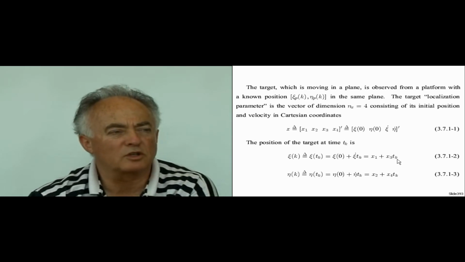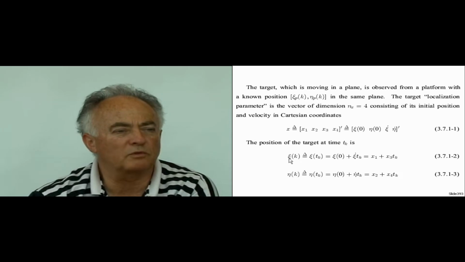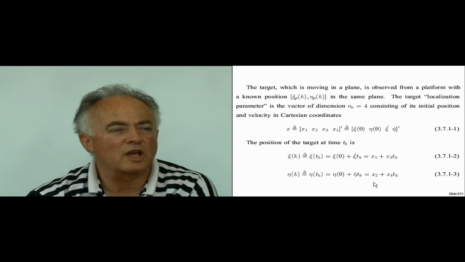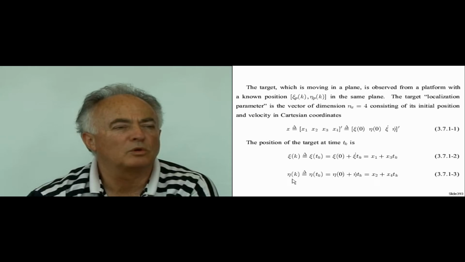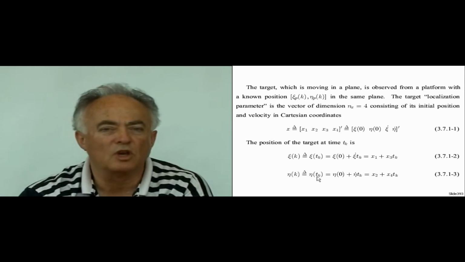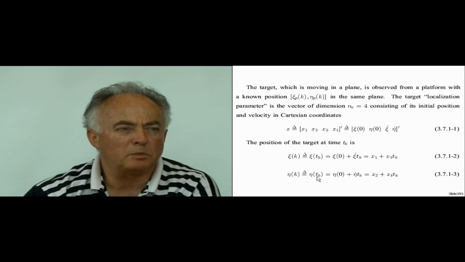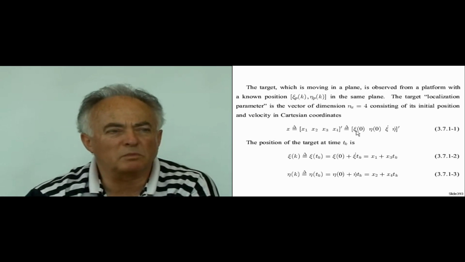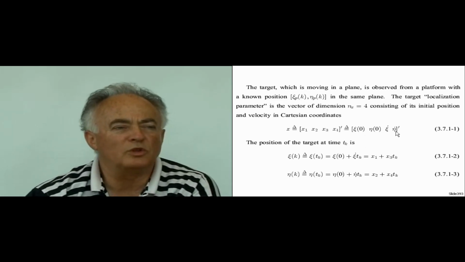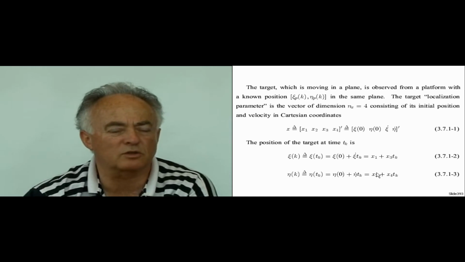So this is the x-coordinate, but we use the psi and eta terms not to confuse with these x's here. And the eta is x2 plus x4 tk, and this is the value of eta at time tk. So these are the two positions. So we have, number one, the basic parameterization of the problem. Number two, the actual location of that object based on the basic parameters, which is the vector x.